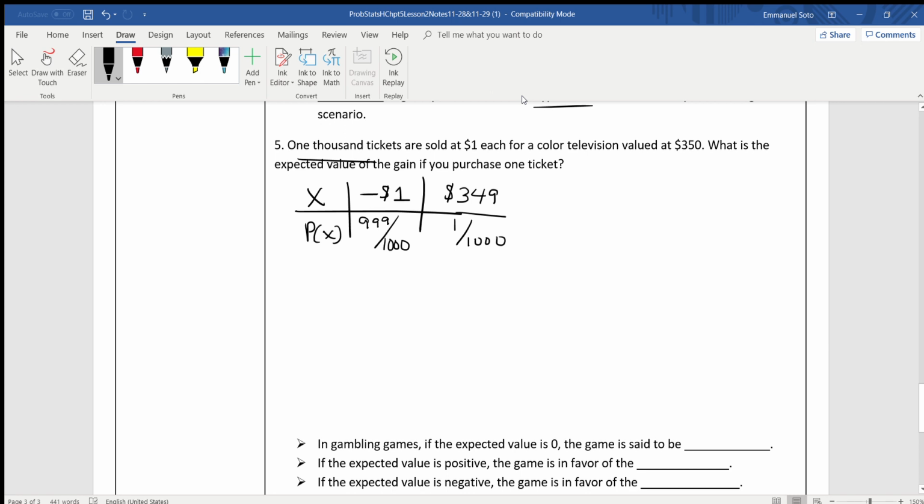So then what's the expectation? What do I expect to get out of this? Am I going to expect to win, or am I going to expect to be losing on average? That's where the mu comes into play, where we use E of x, which stands for expectation. We calculate -1 times the probability, and then 349 times the probability.